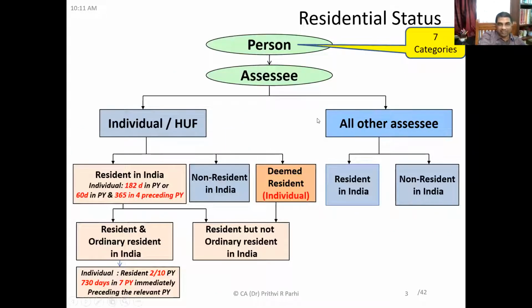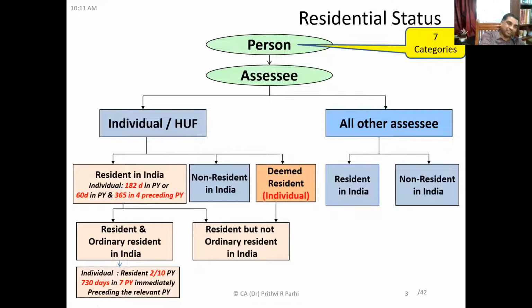Now have a look here. First, you have to see whether he is a resident in India. For that, you have to see 182 days, or here in between there is an 'or', that means both the conditions have to be satisfied. Or 60 days in the previous year and 365 days in the four preceding previous years. This is the primary condition. If it is not satisfied, then non-resident.